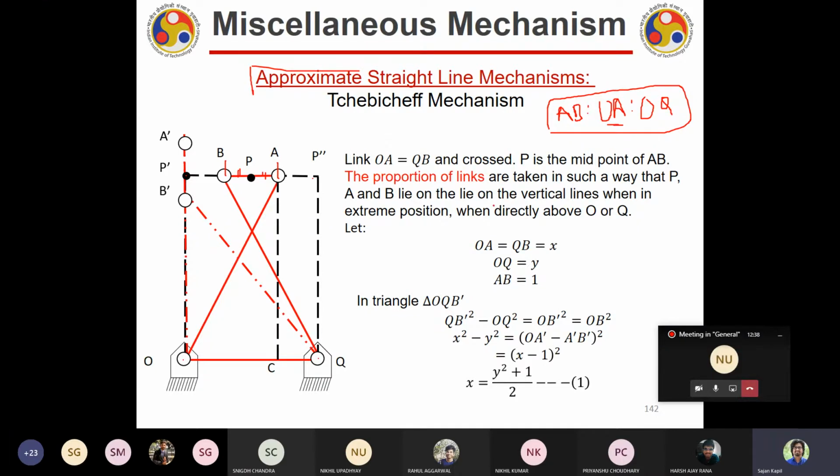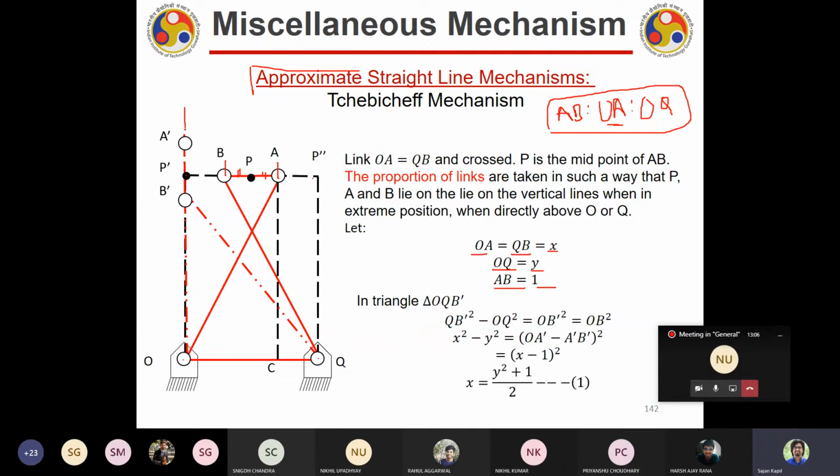Okay, so for example, I am assuming OA equals QB equals X, OQ equals Y and AB equals 1. Correct? Now, I want to find out the ratio between X, Y, and 1 in such a way that I will be able to get the position of P vertically, exactly above O, when it goes to its extreme position. So that is my requirement.